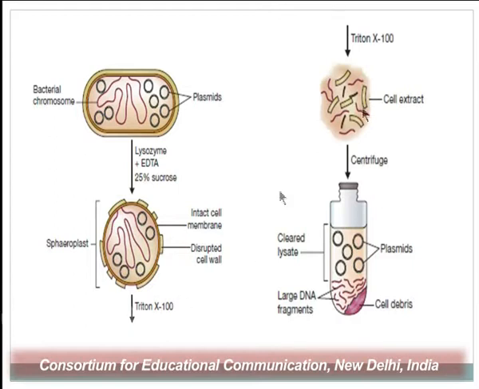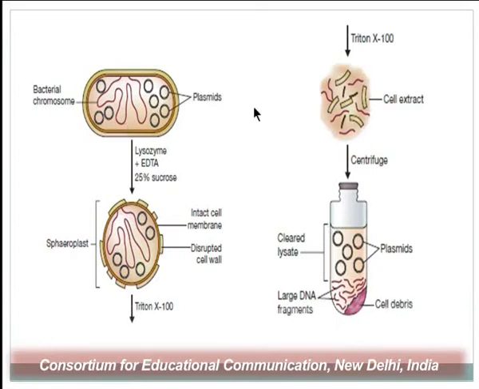So if you change or add different chemicals for this isolation, you will get intact chromosomal DNA adhering to the fragments of the cell wall. Therefore, when you centrifuge it, they will settle down with the cell debris, and what you get in the supernatant is intact plasmid molecules that you can take out.